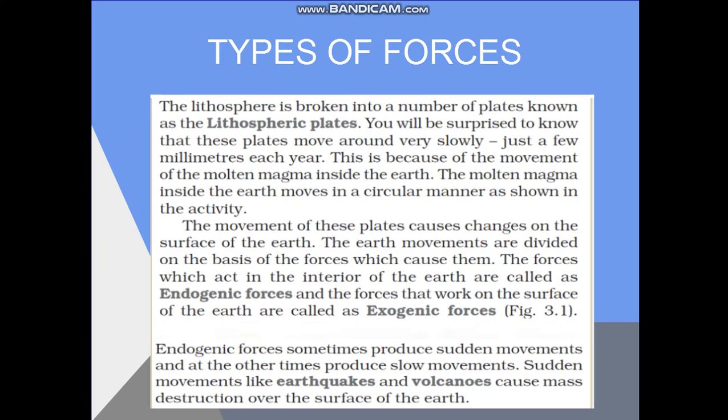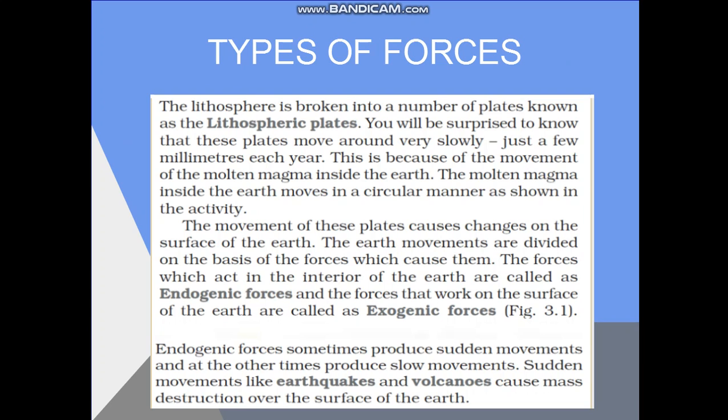Now let's come to types of forces. The lithosphere is broken into a number of plates known as the lithospheric plates. You will be surprised to know that these plates move around very slowly, just a few millimeters every year. These lithospheric plates are also known as tectonic plates.